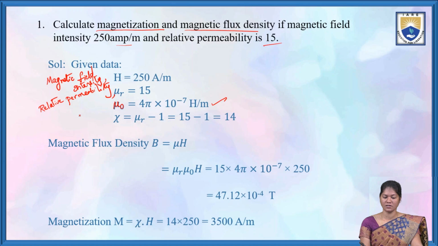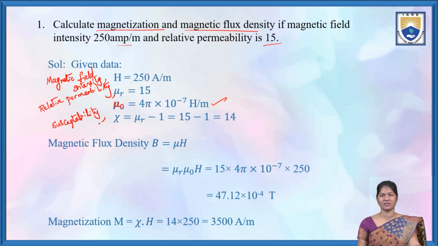So susceptibility chi is equal to mu r minus 1. This is susceptibility. So we know mu r 15 minus 1 is equal to 14. So susceptibility is equal to 14.